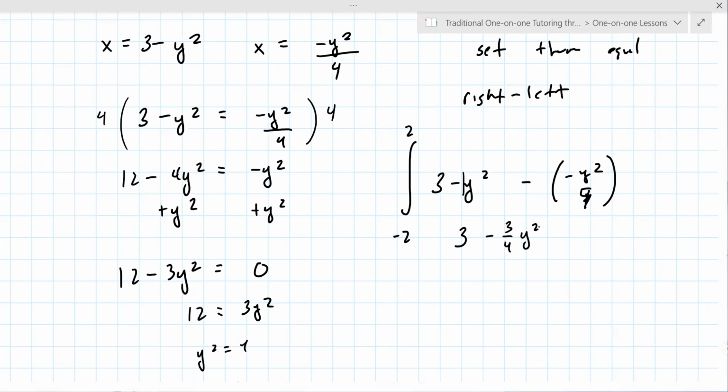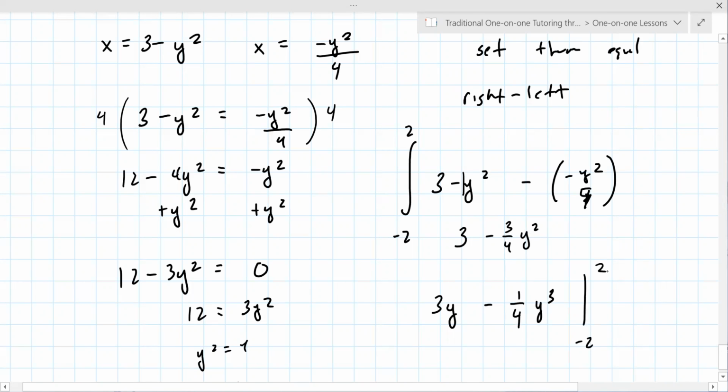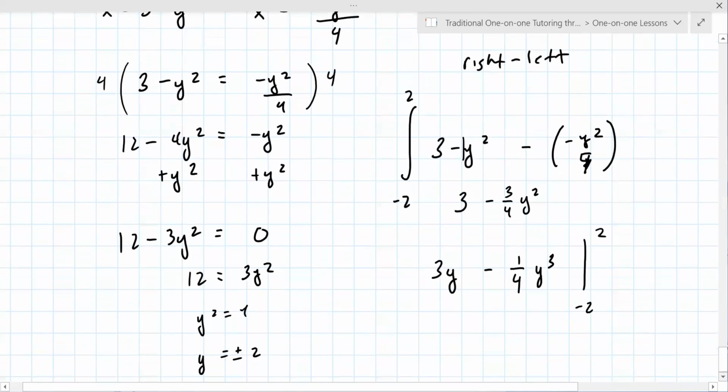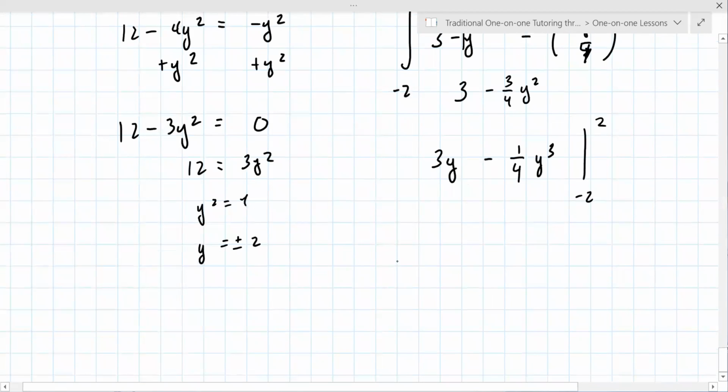And then you do the antiderivative. 3y minus, you would put a 3 on the bottom, but there's already a 3 on top, so they cancel. Okay, and then 2, -2. So then it's 3 times -2 minus 1/4 times negative... Do the top bound first. Positive 2. 2 cubed minus 3 times -2 minus 1/4 times -2 cubed.